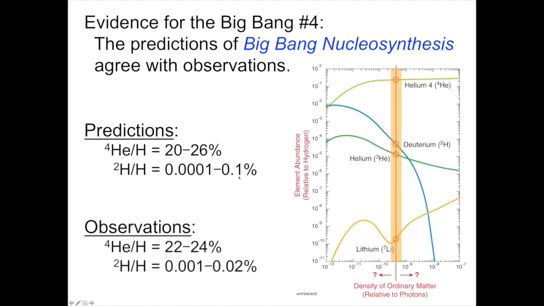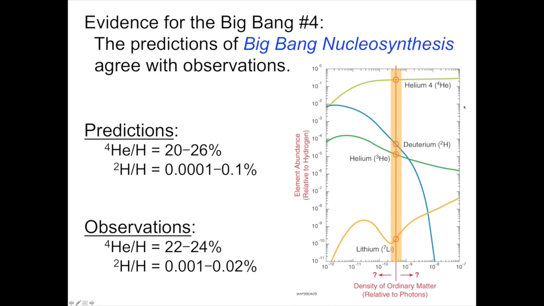And indeed, the observations are that the primordial abundance of helium, the most pristine gas that we find, is between 22 and 24% helium relative to hydrogen, and the primordial abundance of deuterium, the ratio of heavy hydrogen to regular hydrogen, a single proton surrounded by a single electron, is between 0.001 and 0.02%.